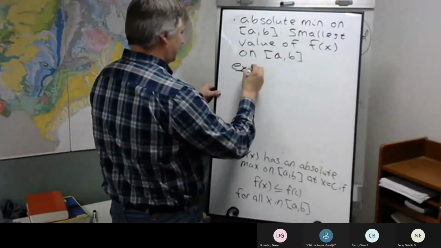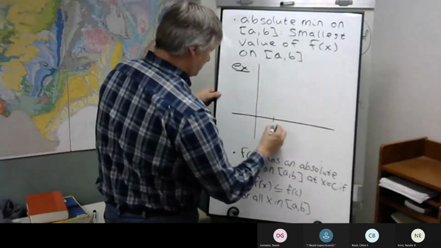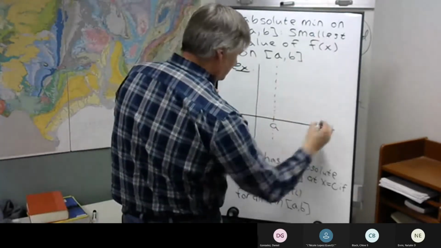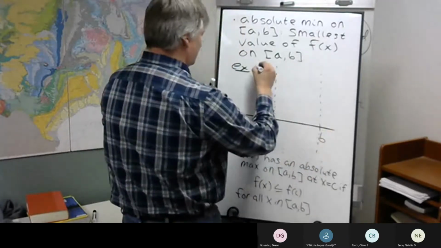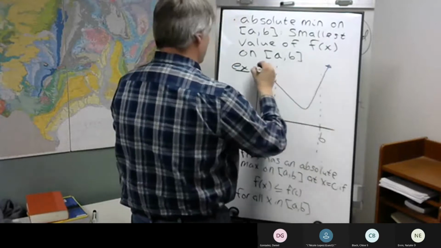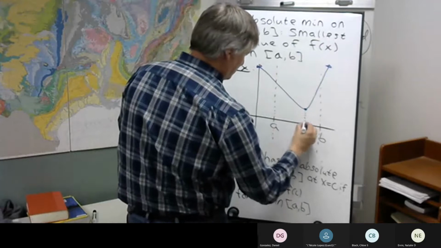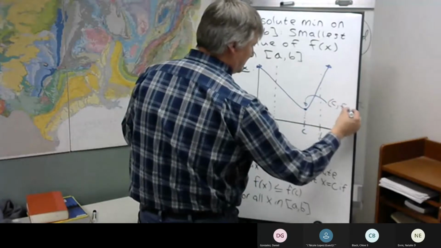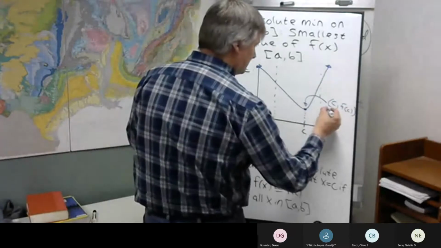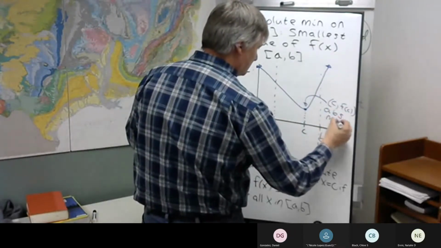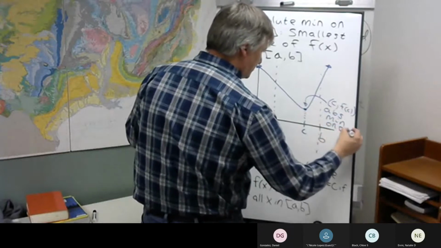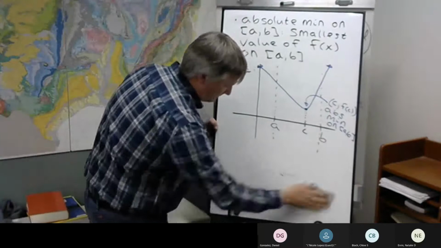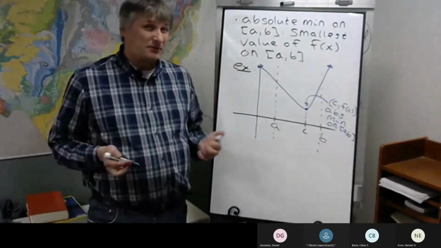So again, just a little pictorial example. So here at c, f of c, we have an absolute min on A and B. And again, there's a formal definition for this.